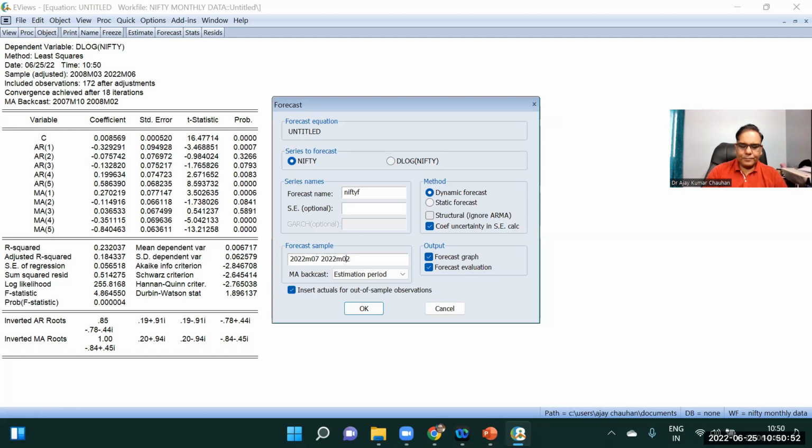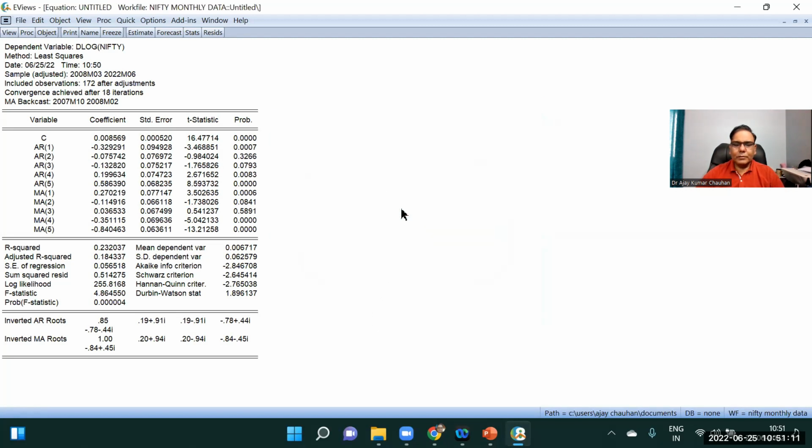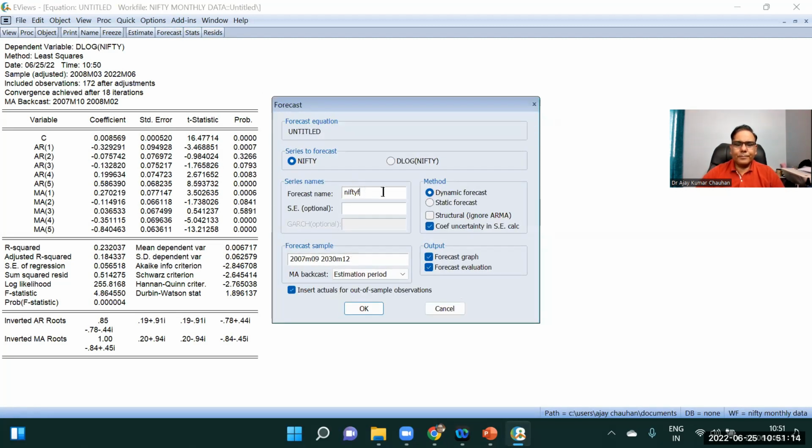So I want to forecast for only the next 2 periods, and it is static forecasting. You need to define the forecasting sample as your sample period. I am doing only 1 period forecast.